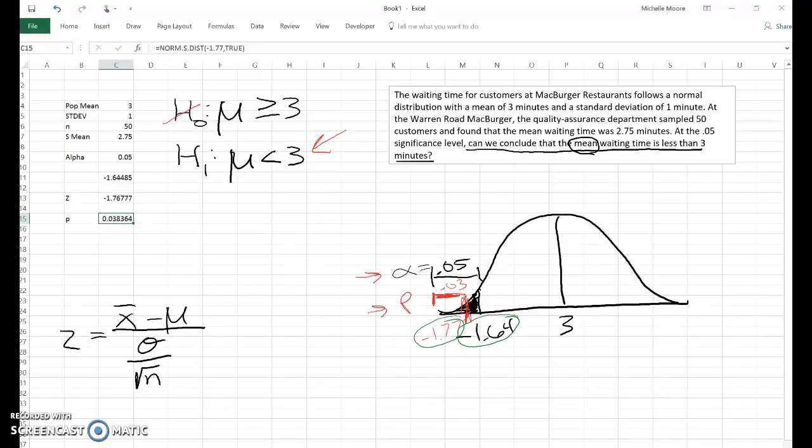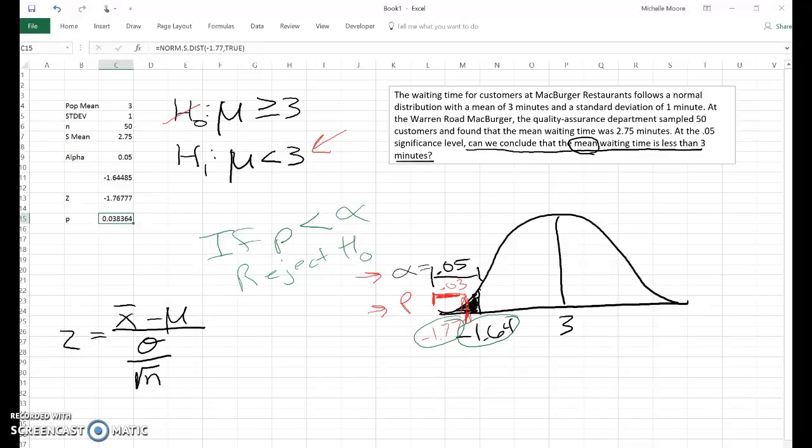Is the test statistic less than the critical value? You can do the same thing with the p-value and alpha. So if p is less than alpha, then you reject the null. Okay? That's another way to make that determination.